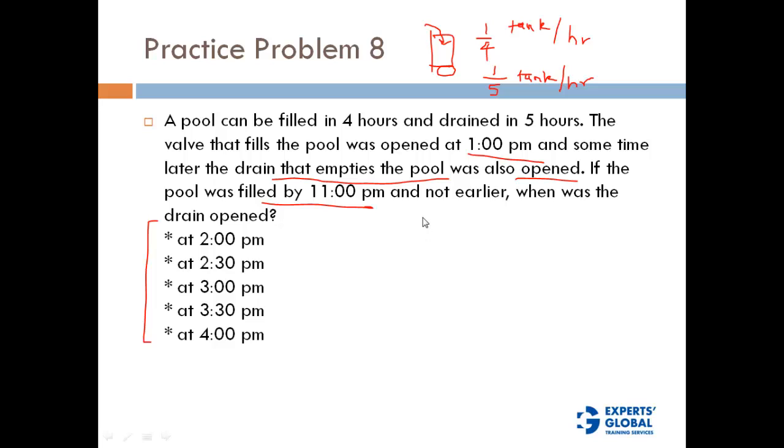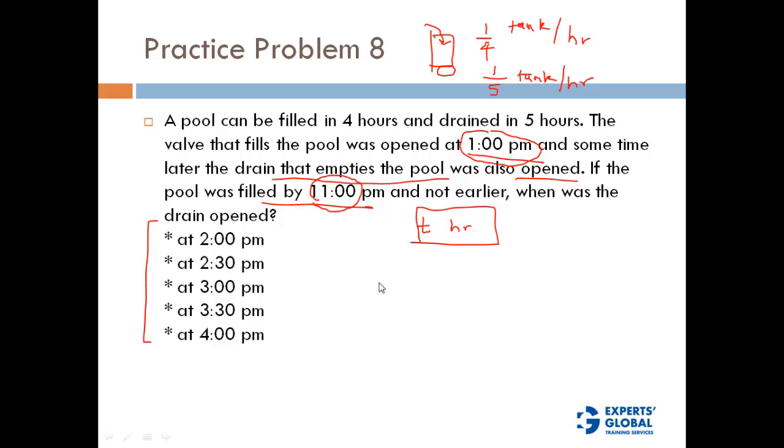So let's say the drain was open for t hours. And how long was the valve open? It was open from 1 p.m. to 11 p.m., so it was open for 10 hours.